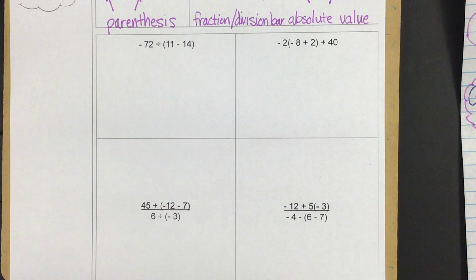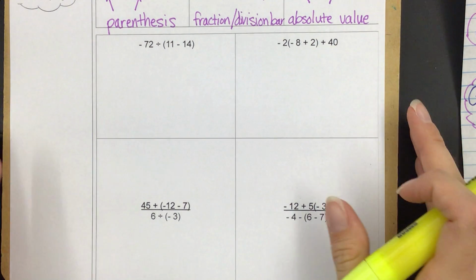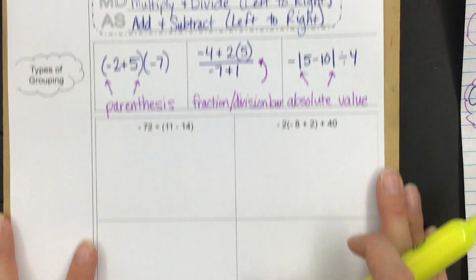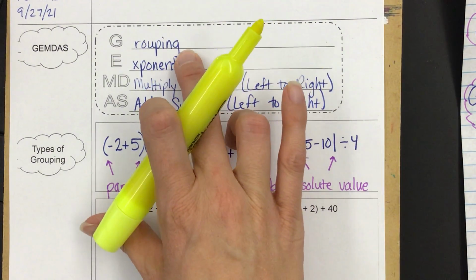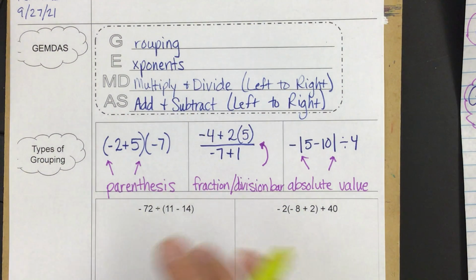All right, hopefully you have something out to highlight with. If we look back at our order of operations, we're always going to simplify our grouping first, okay?